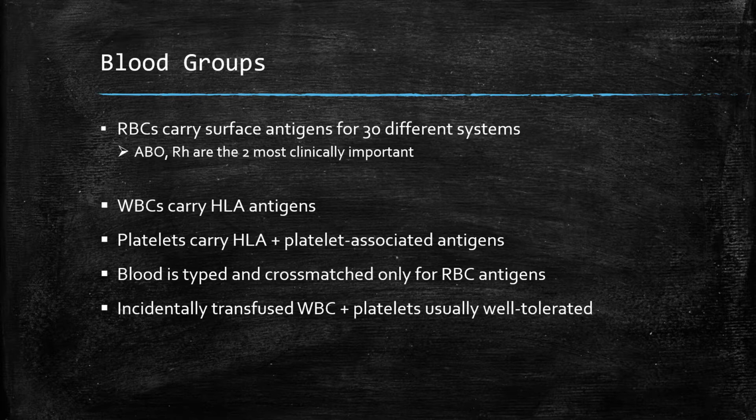White cells and platelets do not carry the ABO and Rh antigens. White blood cells only carry HLA antigens, and platelets only carry HLA and platelet-associated antigens. When blood is typed and cross-matched, it's only for these red blood cell antigens.